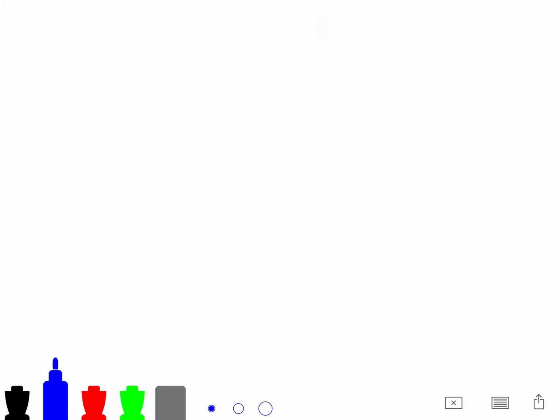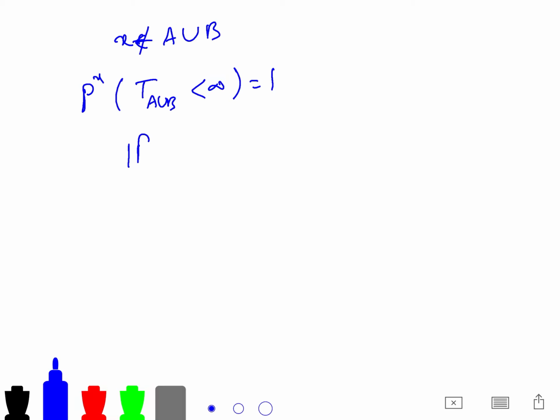Another important theorem, another important lemma that I want to talk about is that if X is not in A union B, and the probability that T of A union B is less than infinity is 1, then we conclude that the probability that the time to hit A is less than the time to hit B is bounded by just a fraction of effective resistances.